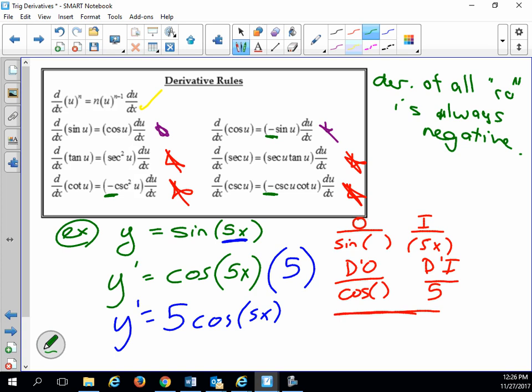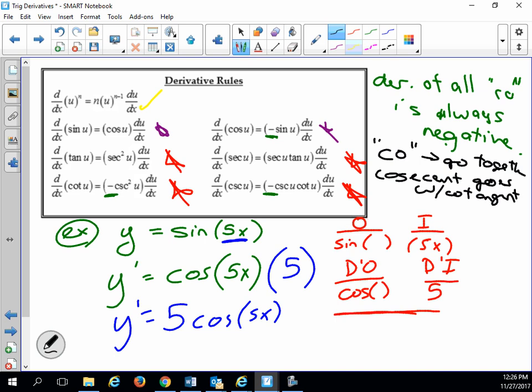Here's the other trick to remembering these. The cos go together. Cosecant goes with cotangent.